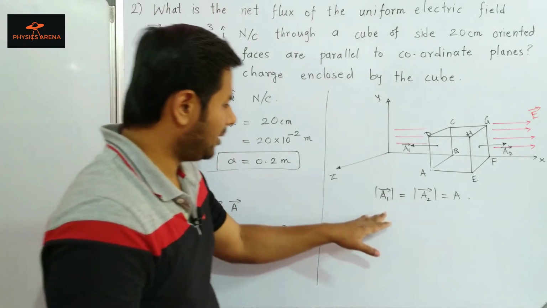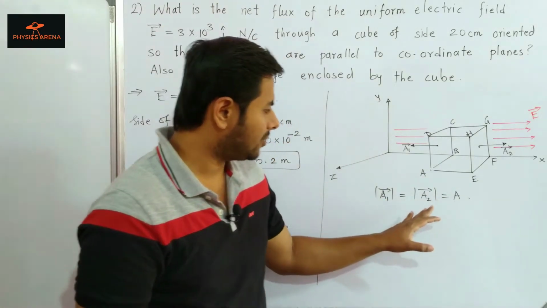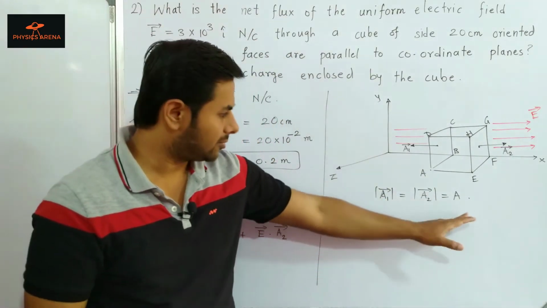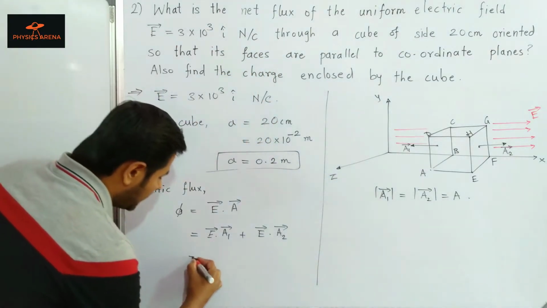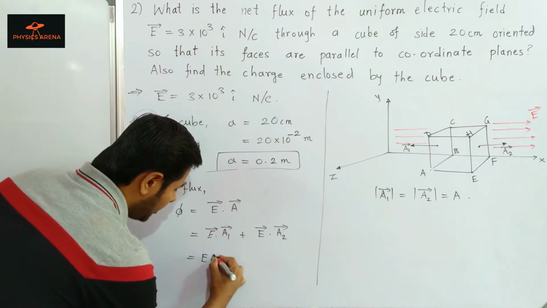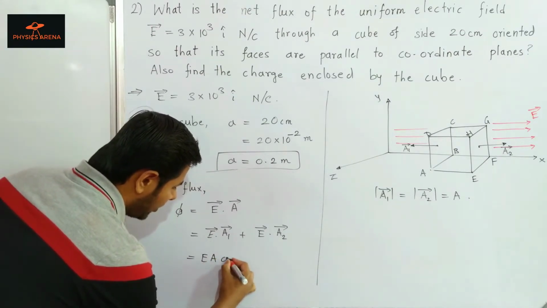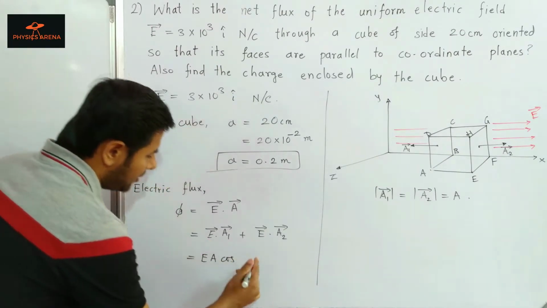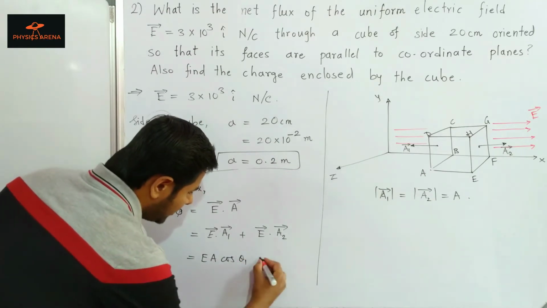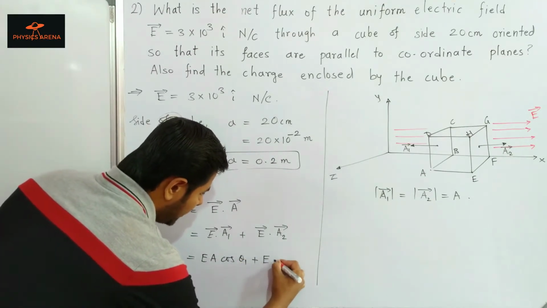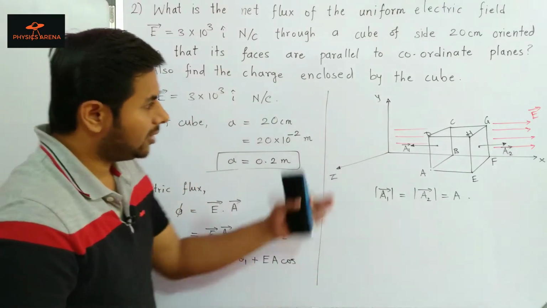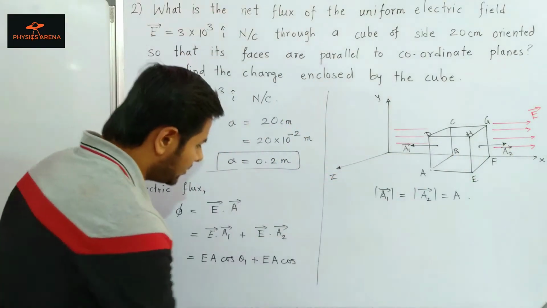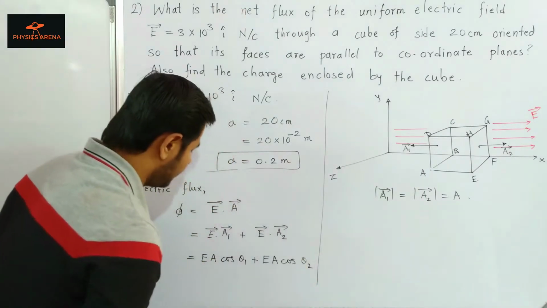So the magnitude of A1 bar is equal to the magnitude of A2 bar, and that is equal to, let's say, A. So we can write this as E times A multiplied by cos of the angle between E bar and A1 bar, which is theta 1, plus E times A into cos of the angle between E bar and A2 bar, which suppose is theta 2.